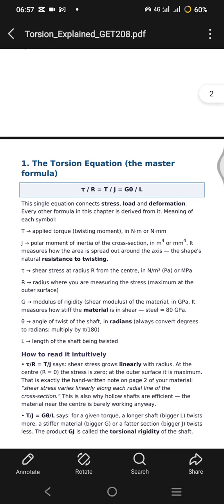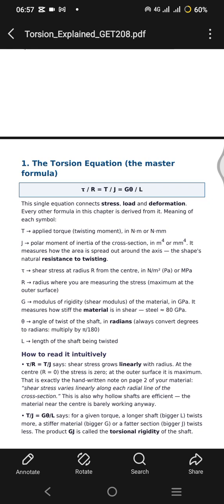Then J is the polar moment of inertia of the cross section. The SI unit is m raised to the power 4. It measures how the area is spread out around the axis.